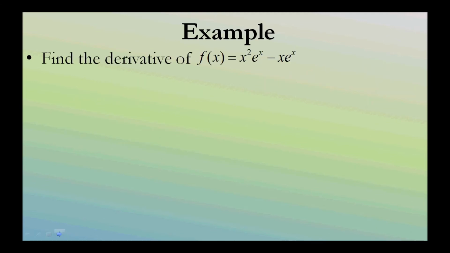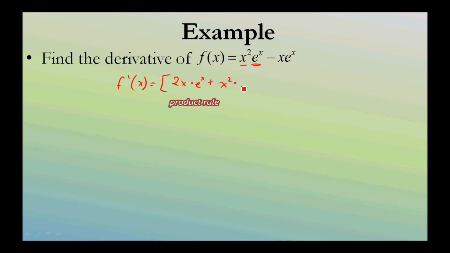Find the derivative of f of x is equal to x squared times e to the x minus x times e to the x. So f prime is equal to the derivative of the first, derivative of x squared, which is 2x, times the second, plus the first times the derivative of the second.